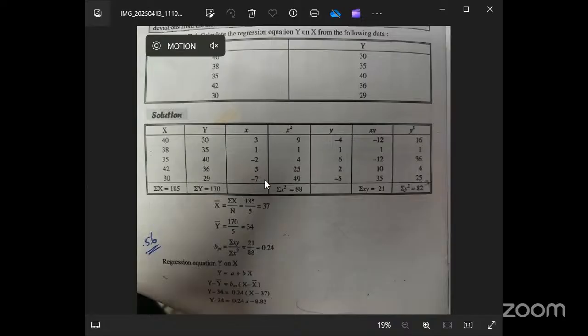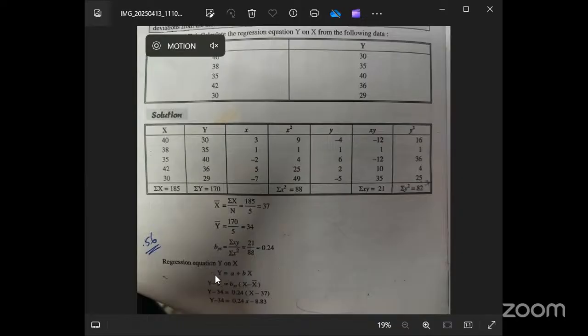Next, minus 7 into minus 5, we get 35. Now make the total: plus values plus, minus values minus. So we get 21 as sigma xy.